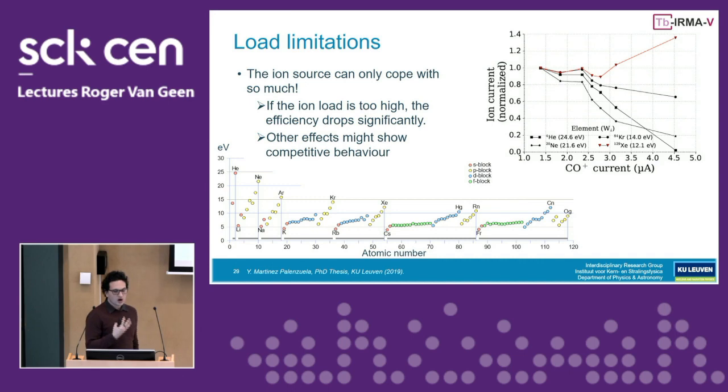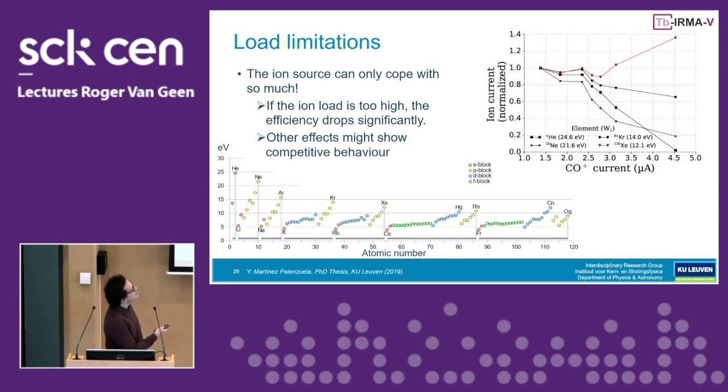There are also other effects that might have competitive behavior. So here you can see what was happening in this case: there was a mixture of noble gases, helium, neon, krypton, and xenon, all four of them coming into the system at the same time. And then she was monitoring the different content of the beam outside as a function of a mixture of CO2 coming into the system, creating a CO plus beam.